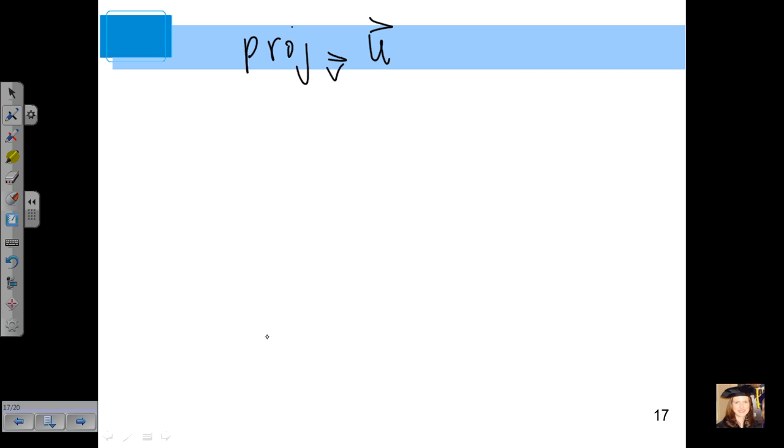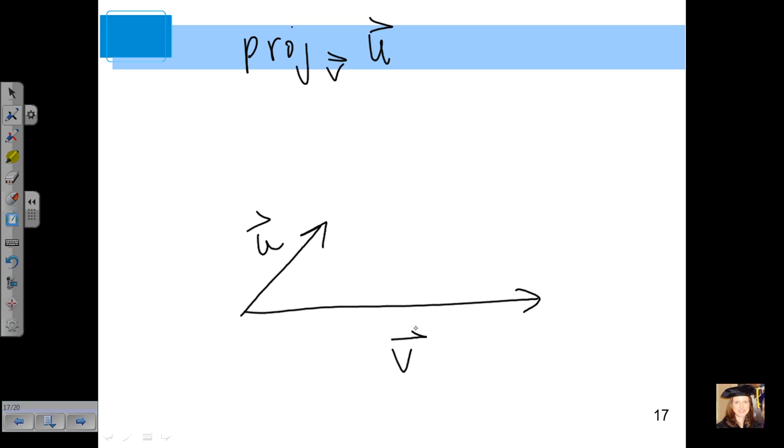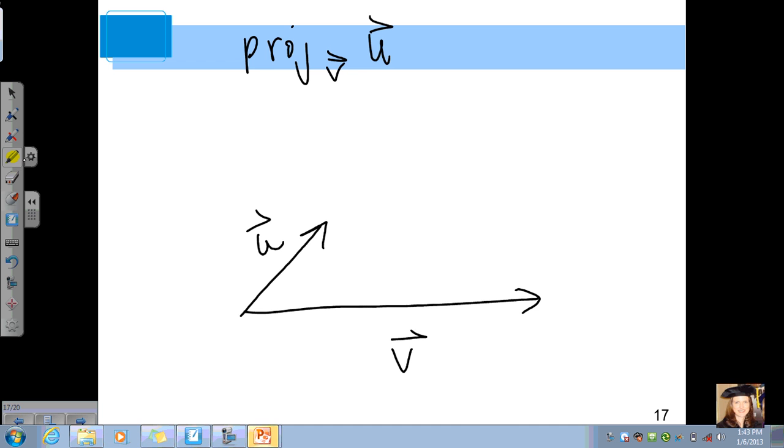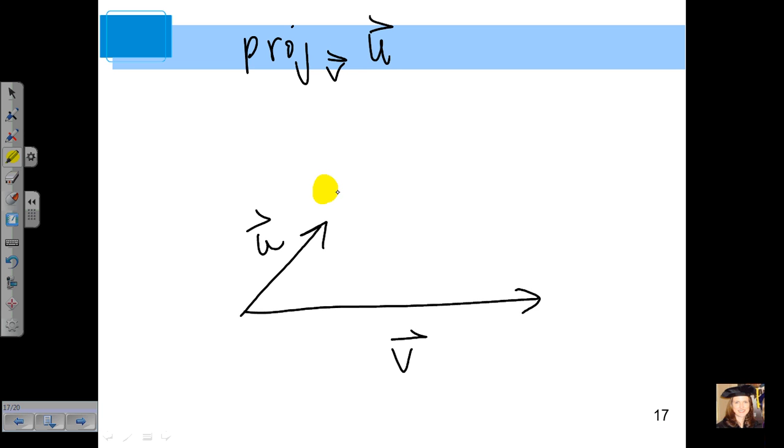Let's suppose we have this vector u, and let's say this vector is v. We can project the u vector onto the v vector if you consider a light source that would cast a shadow that would fall perpendicular to v.